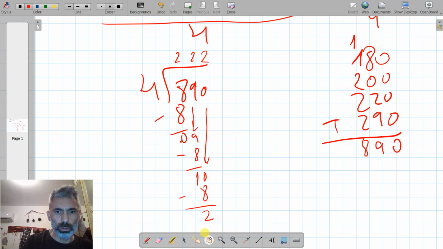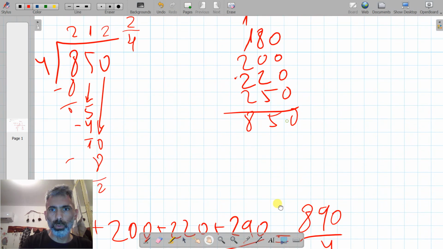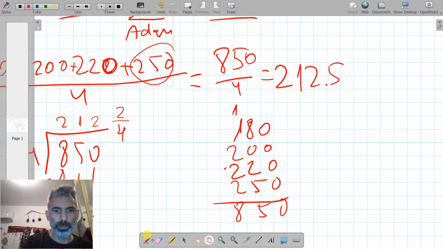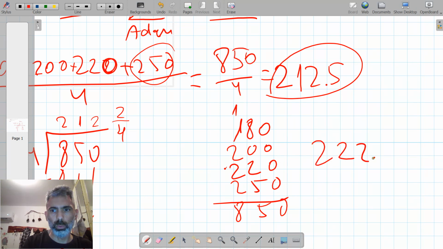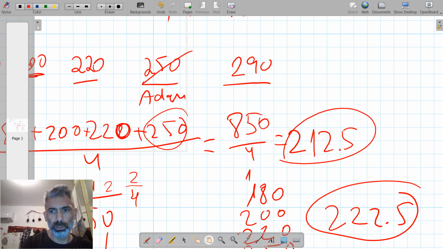So the answer is 222 and 2/4, which is 222.5. So we went from 212.5 up to 222.5. Okay, so the mean has increased by 10 points from 212.5 to 222.5.